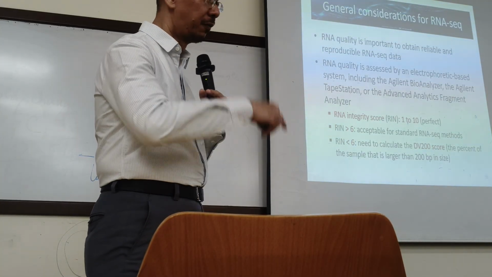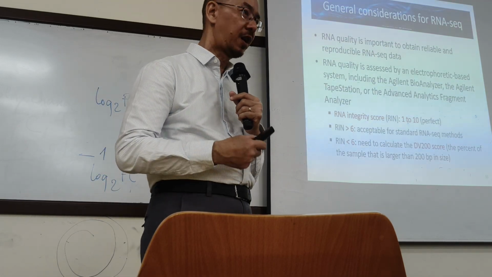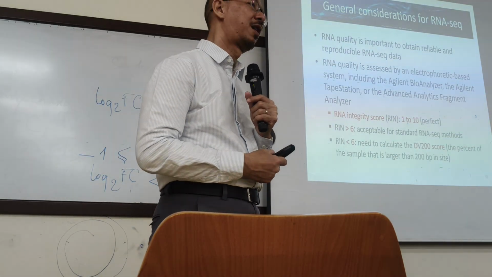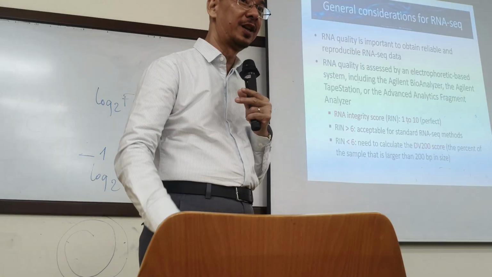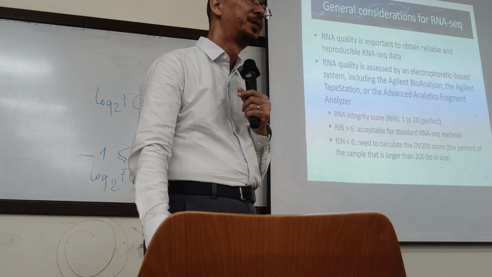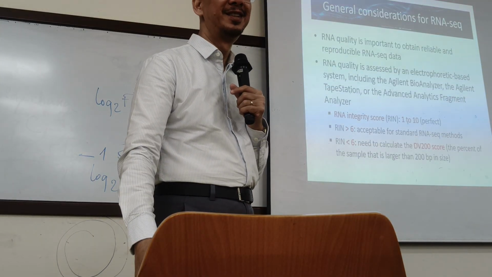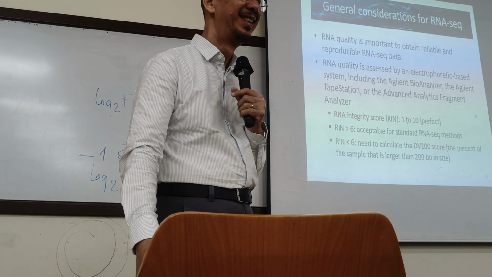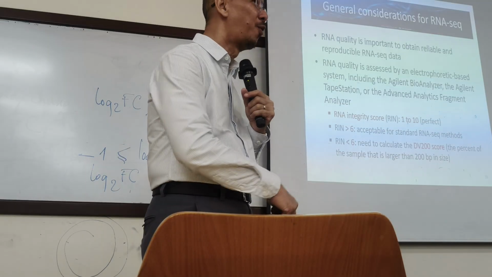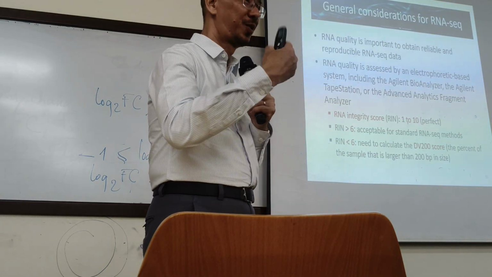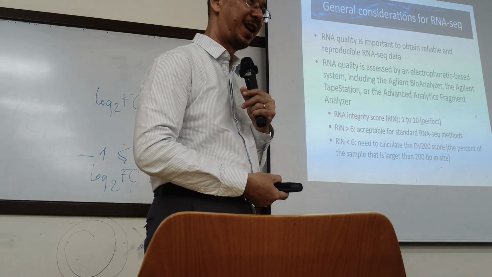Because this one is just the first step, checking the quality only, not yet sequencing. If smaller than 6, what do we do? Throw it away, isolate, and do it again.